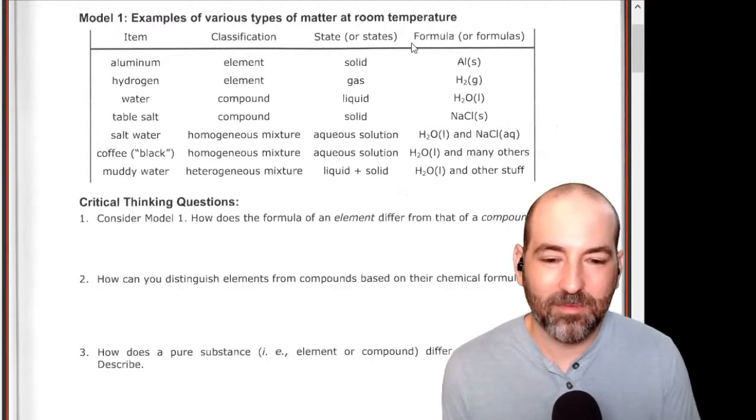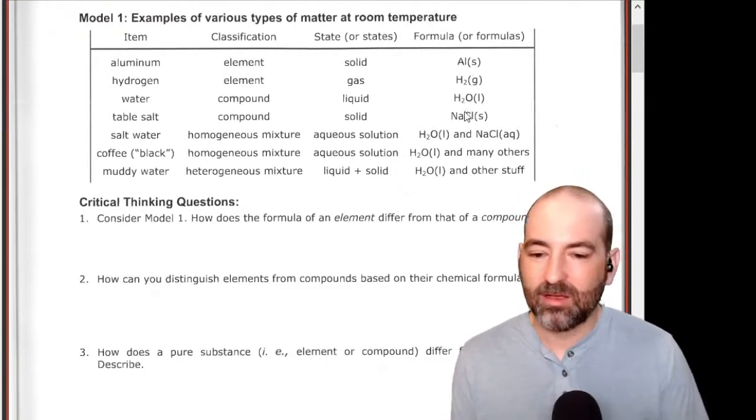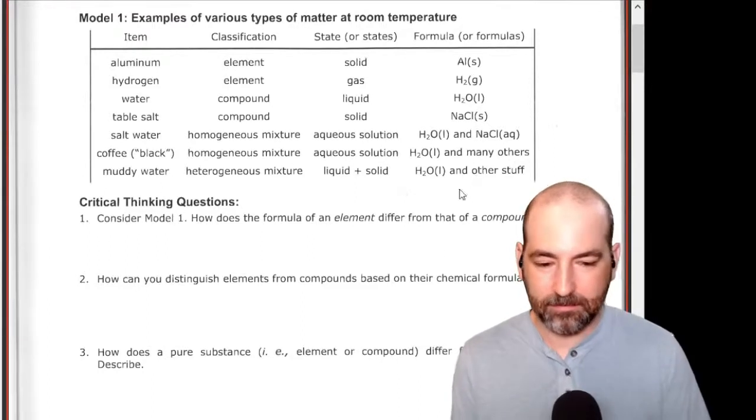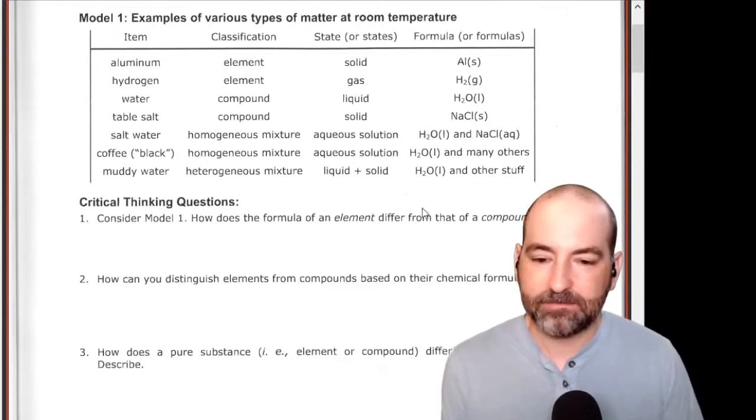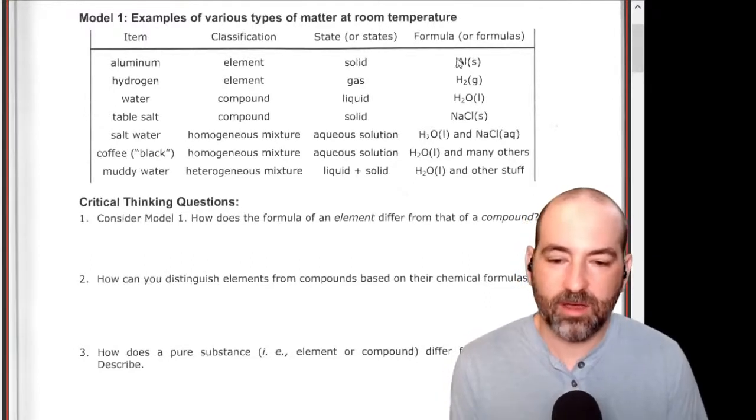So we go over to this formula column and we look at these formulas and we say, all right, what do the elements have in common? What do the compounds have in common? You might notice that the elements are made of just one thing, one element, whereas the compounds seem to be two.